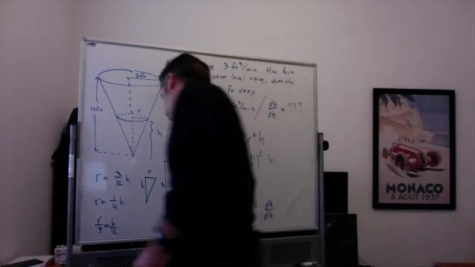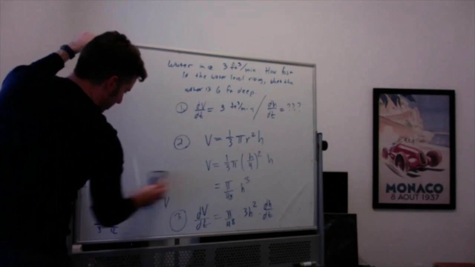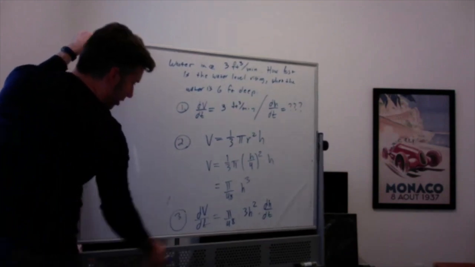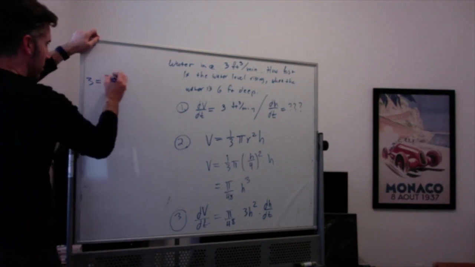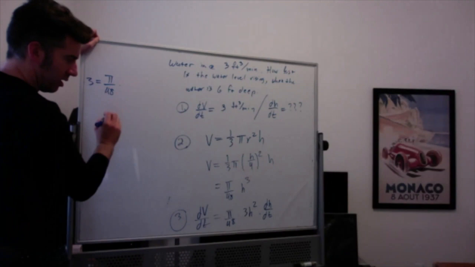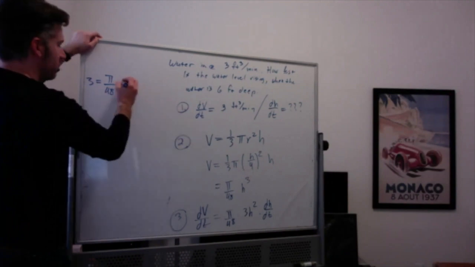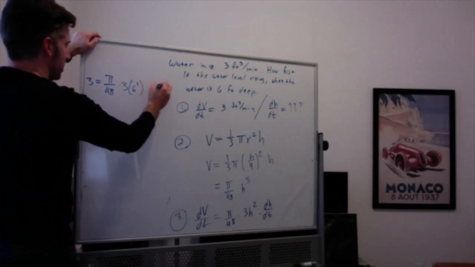So I'm going to erase because I need this room. So plugging in what we know, dv dt is 3. It's equal to pi over 48 times, I could have canceled the 3, oh well, times 3 times 6 squared times dh dt.